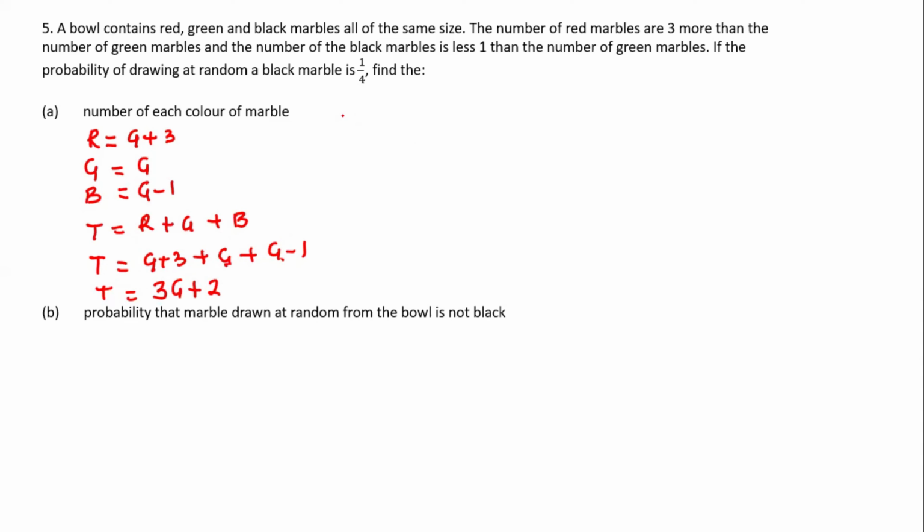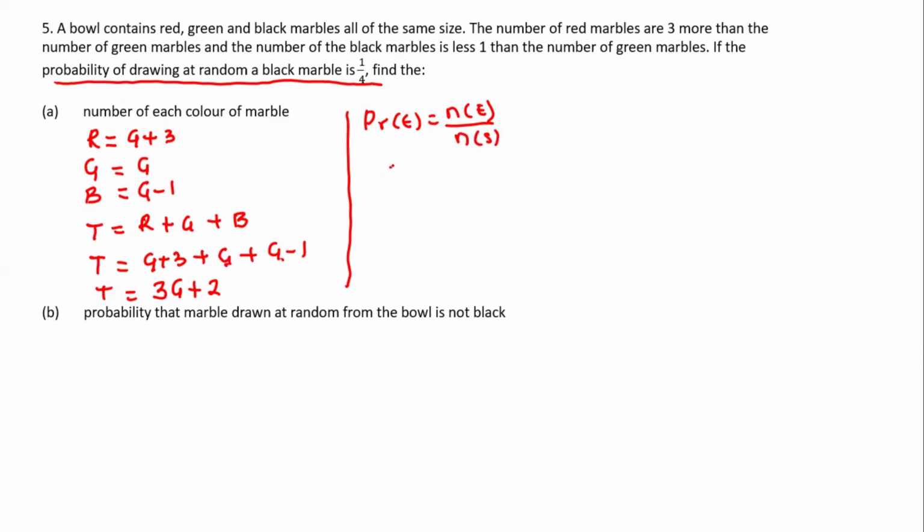Now, the question says find the number of each color of the marble. Remember that it said the probability of drawing at random a black marble is 1/4. So remember that probability of an event is given as the number of possible outcomes, which is the number of events, over the number of the sample space.